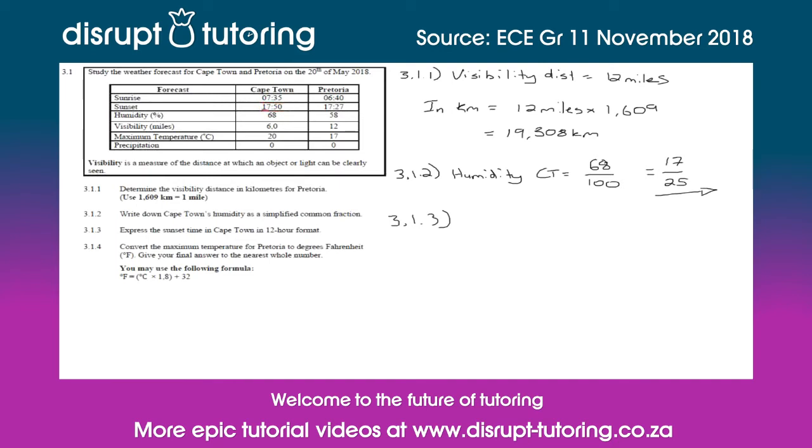I say 5, but it's actually at 17:50. We know that the 17th hour in the 12-hour format is 5 o'clock, because noon is 12, so 1 o'clock is represented by 13, and 2 o'clock is 14, and so on.